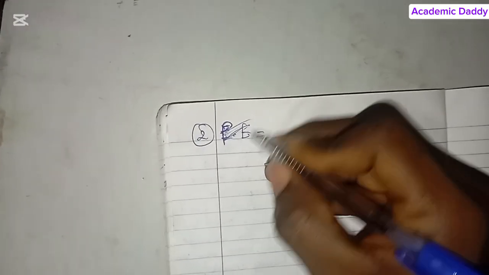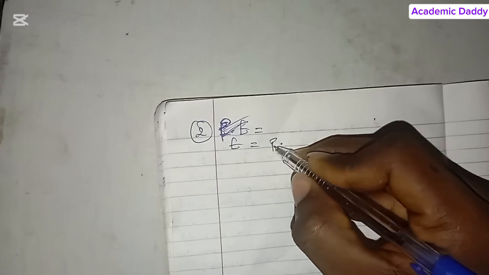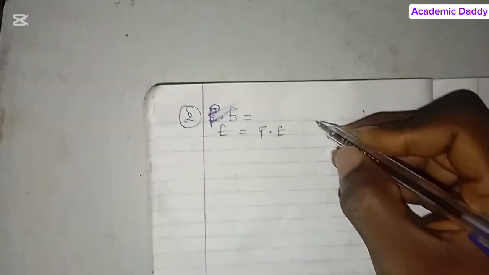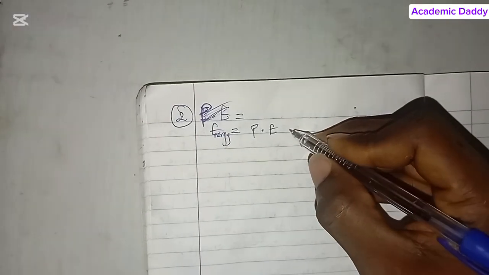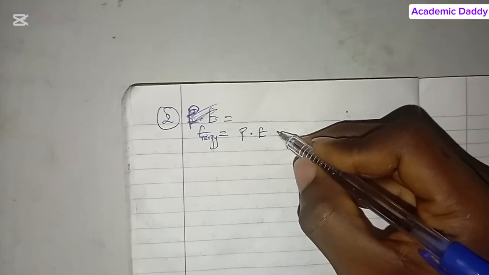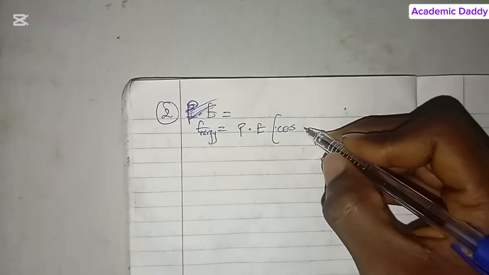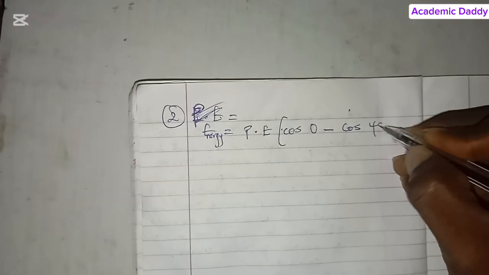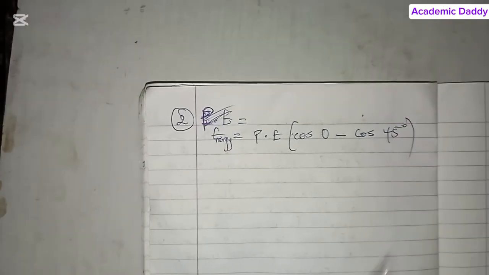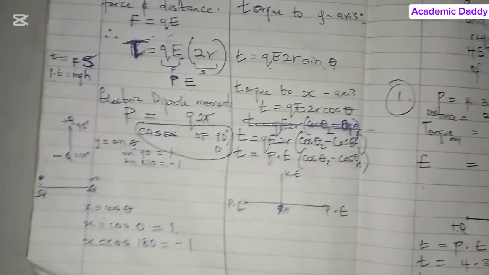So the energy will simply be equal to potential energy, or you see dipole moment times electric field, then into cos 0 minus cos 45 degrees. So that is the energy that you have there.